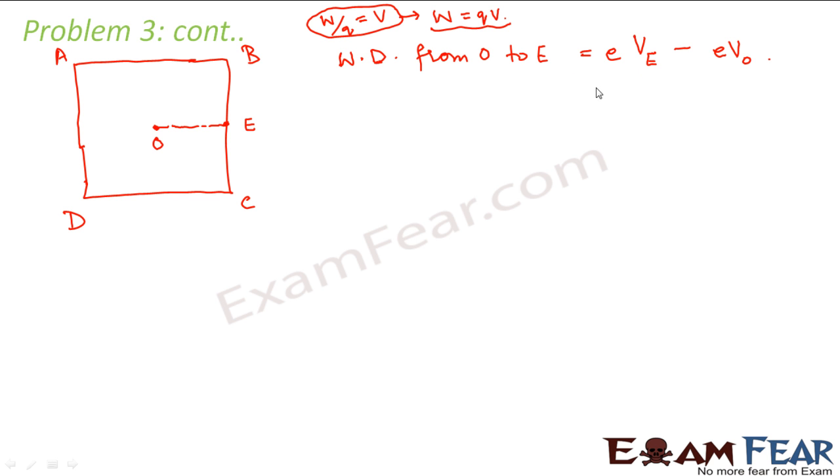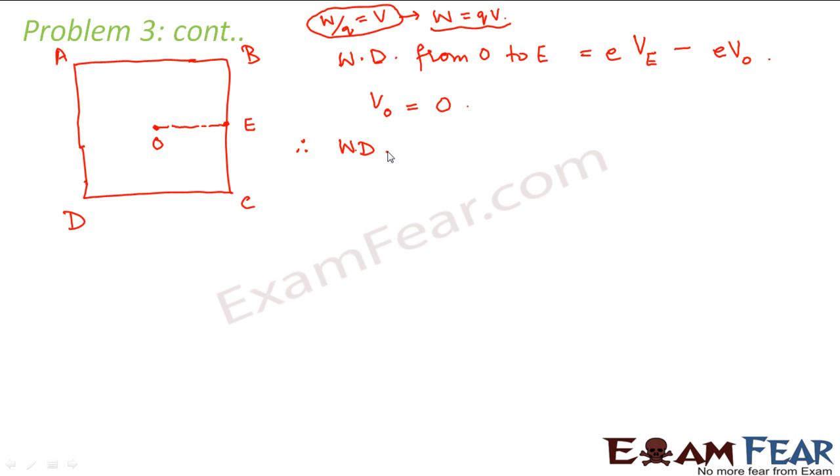Now, in the previous part we found that the net potential at O is equal to 0. Right? That is what we found in the previous part of the question.